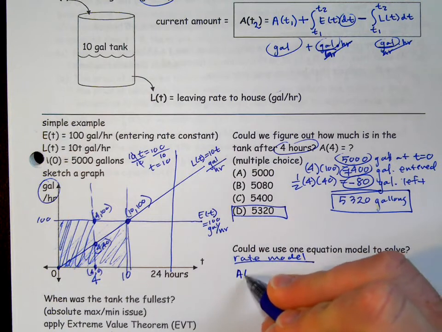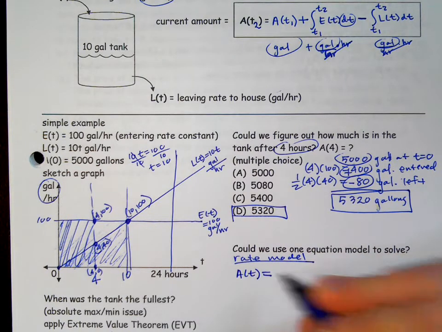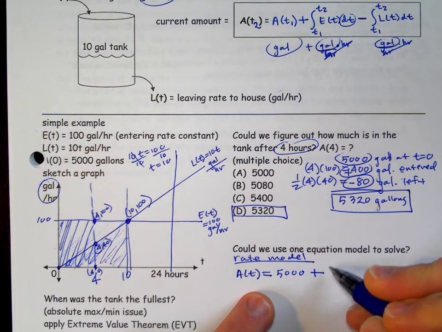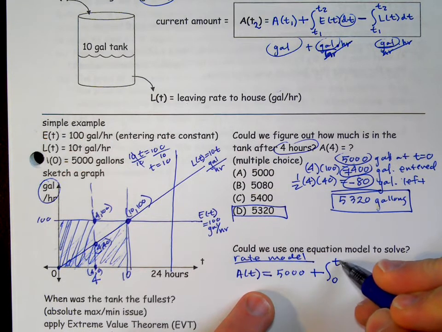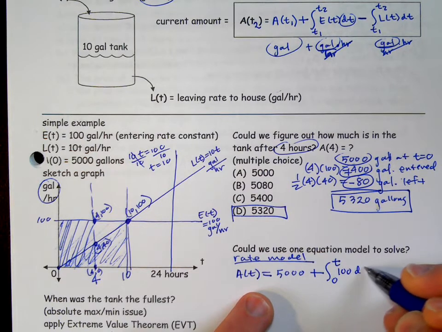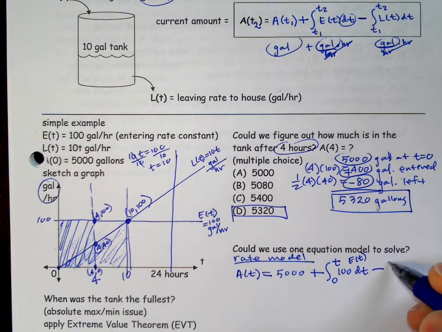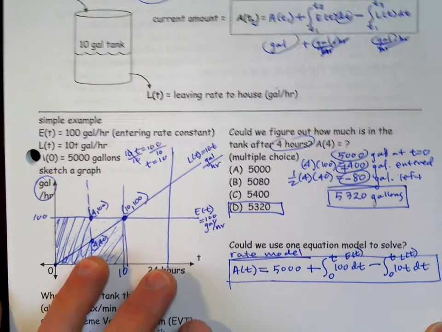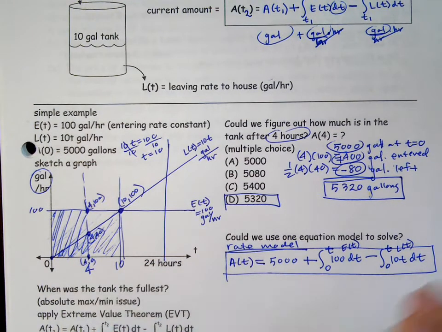The amount of water in the tank at any time is going to equal the initial amount, which we said was 5,000, plus the integral from 0 to whatever time we're interested in of how much water entered the tank, that's the entering rate, which was just 100, minus we have to take away all the water that was being taken out of the tank, and that's the leaving rate, which we said was 10t dt. So this right here is our rate model. And so we can use this to find the amount of water at any time.